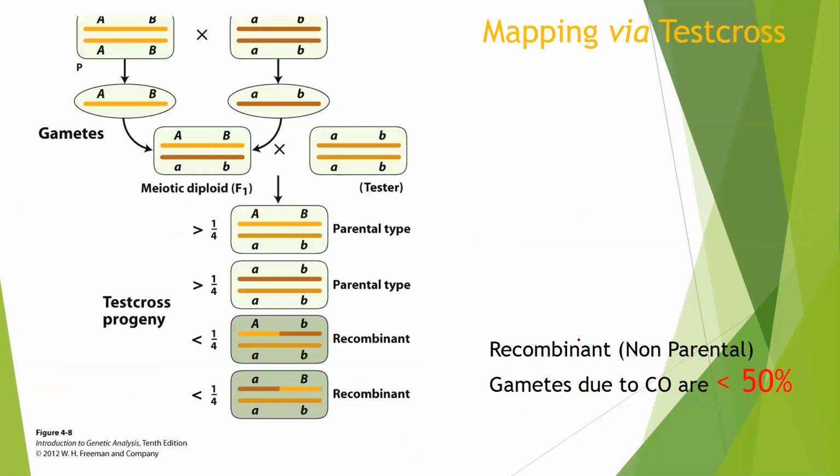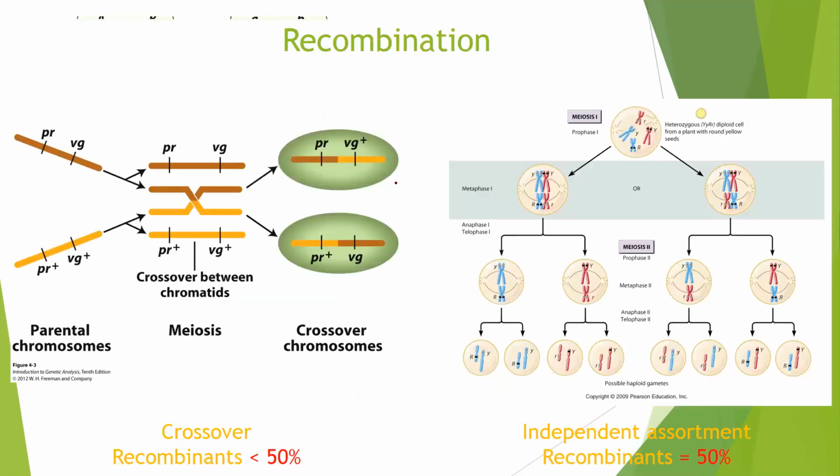Again, this is a summary. This is the linked gene. If we do the test cross for the linked gene, we're going to see the non-parental type, the recombinants, will be significantly less than 50%. Now I just put the two mechanisms side by side. This is the independent gene, the unlinked gene. This is the linked gene.